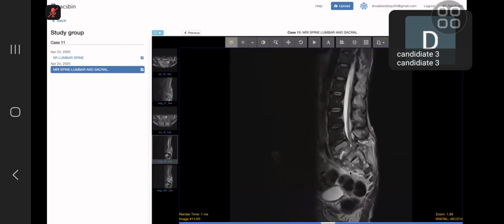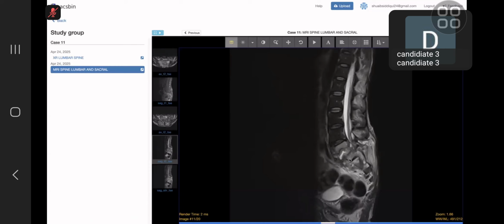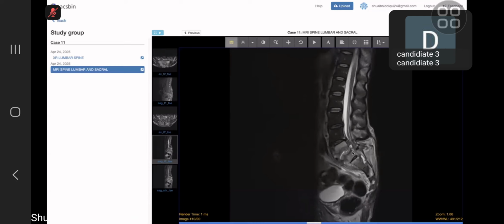The lesion that I saw within T1, also the intervertebral disc, is extending between the sacral vertebrae and extending backward to the spinal canal.